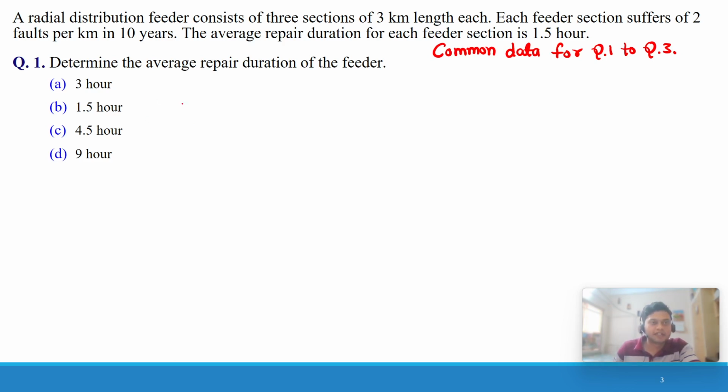So what are the things we have been given? You can write down here. This is a problem based on repairable components connected in series, so you just have to apply the formula and get the answer.